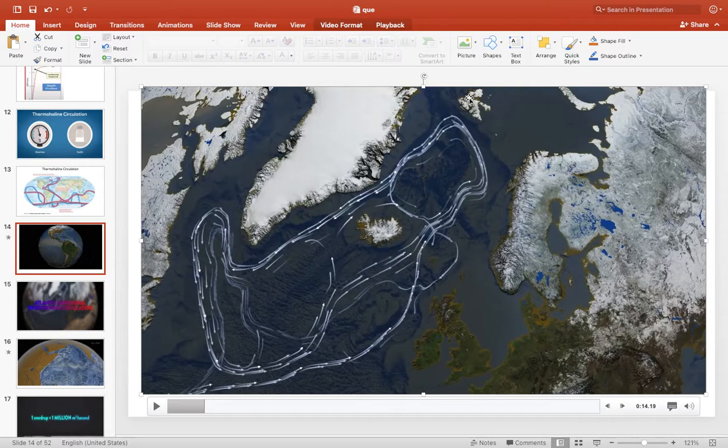So it's a sea which is surrounded by land, whereas Antarctica is a land which is surrounded by water. So remember, in the Arctic region, we have sea ice. It's not an ice sheet. The ice sheet is this one, Greenland.